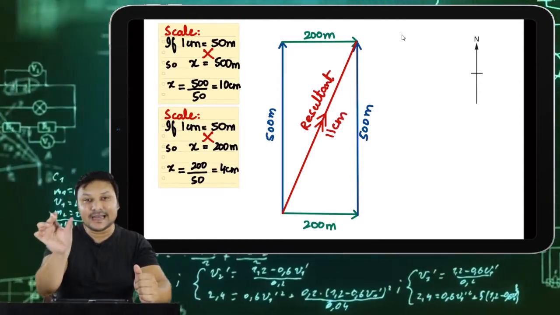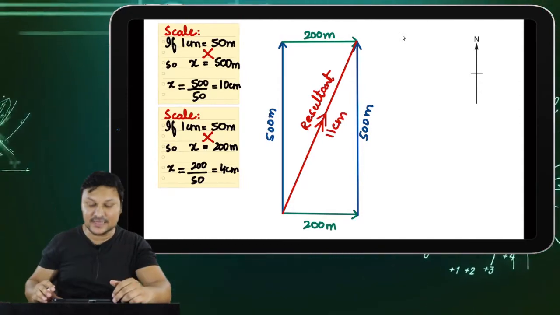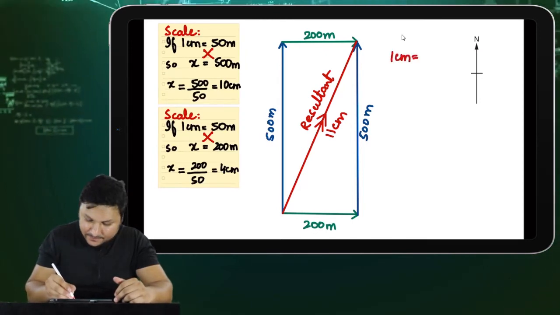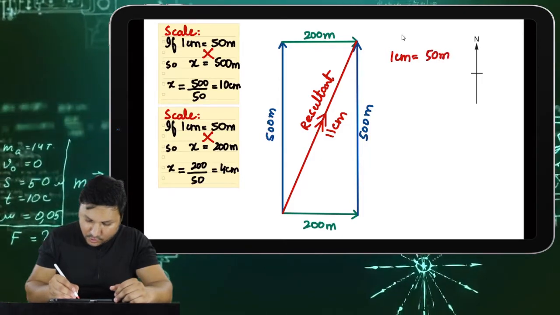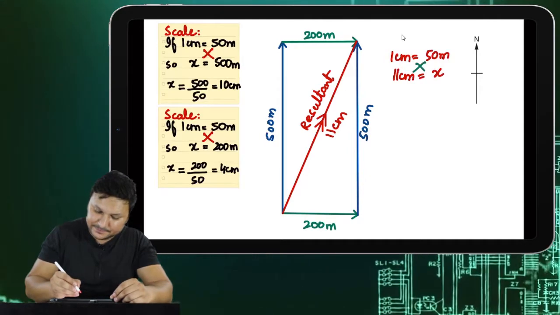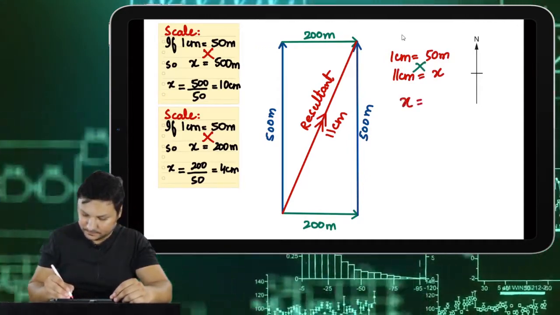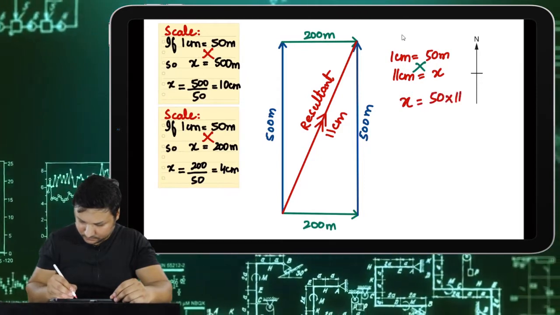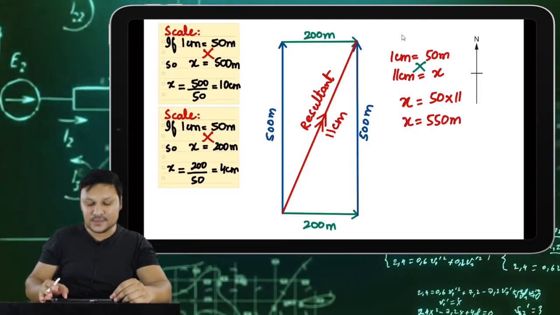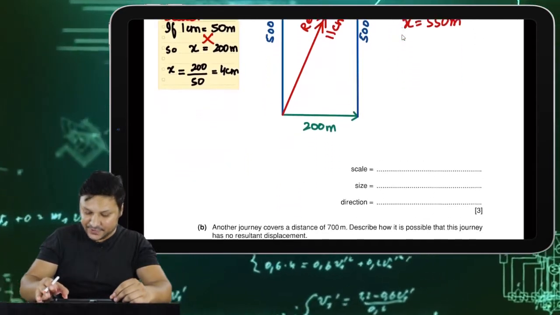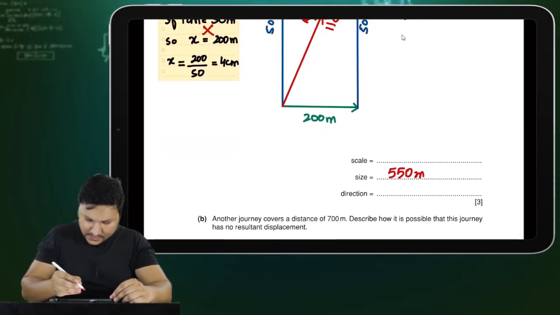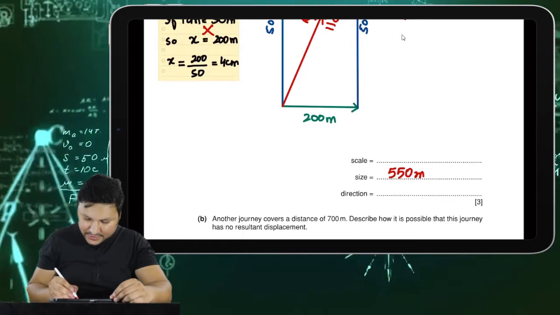Now you have to convert that 11 centimeters according to your scale in terms of meters. Like 1 centimeter is represented by 50 meters. So 11 centimeters represent X, and you will cross multiply. So the value of your resultant displacement is 550 meters, and the scale we chose, we have to mention it here.